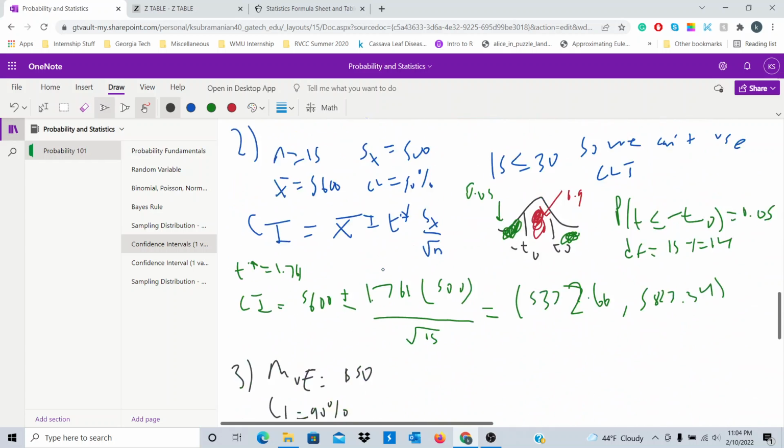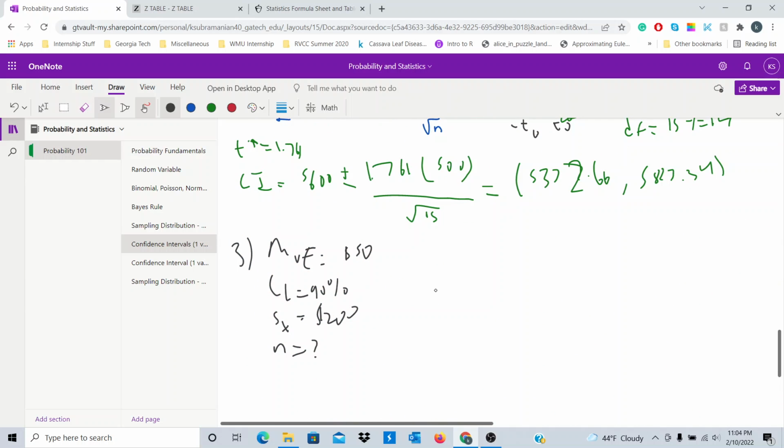And because we're assuming normality here, the margin of error is going to be equal to z star times s of x over root n. Now, since we have a 90% confidence level, this area shown in red is going to be 0.9, and then we have these z naughts.